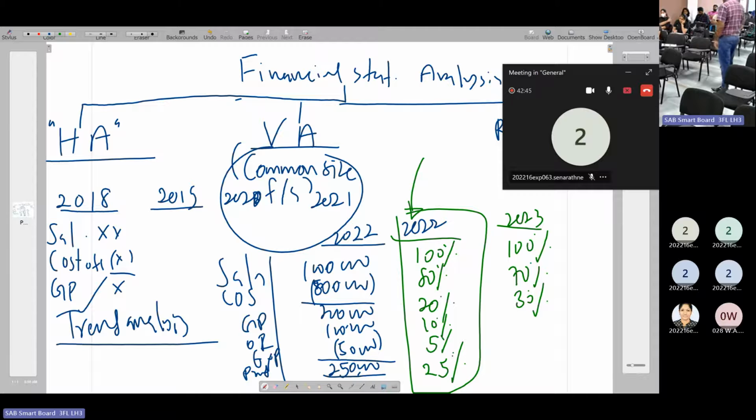Before starting ratio analysis, I wanted to know the limitations of ratios. What are the limitations? We can discuss. Qualitative factors cannot be measured by it. Okay, right.